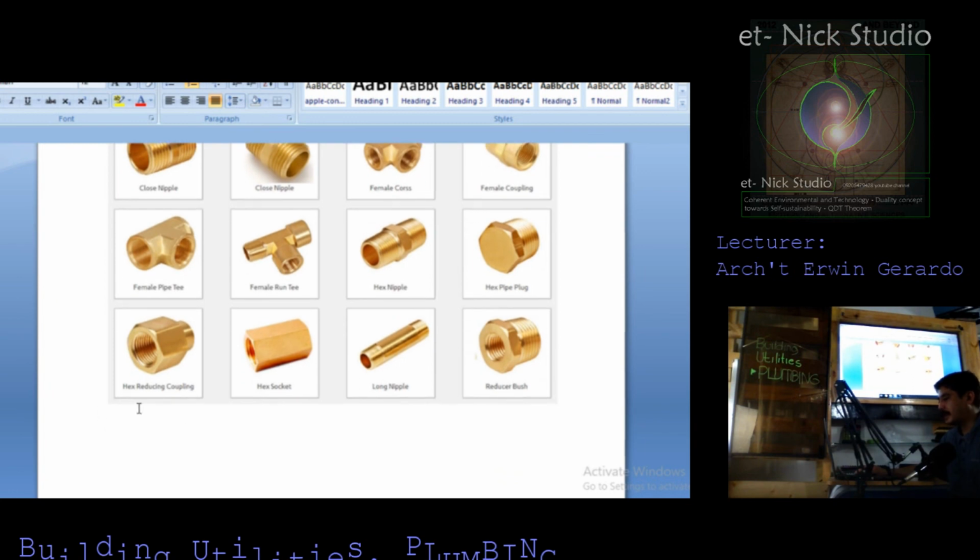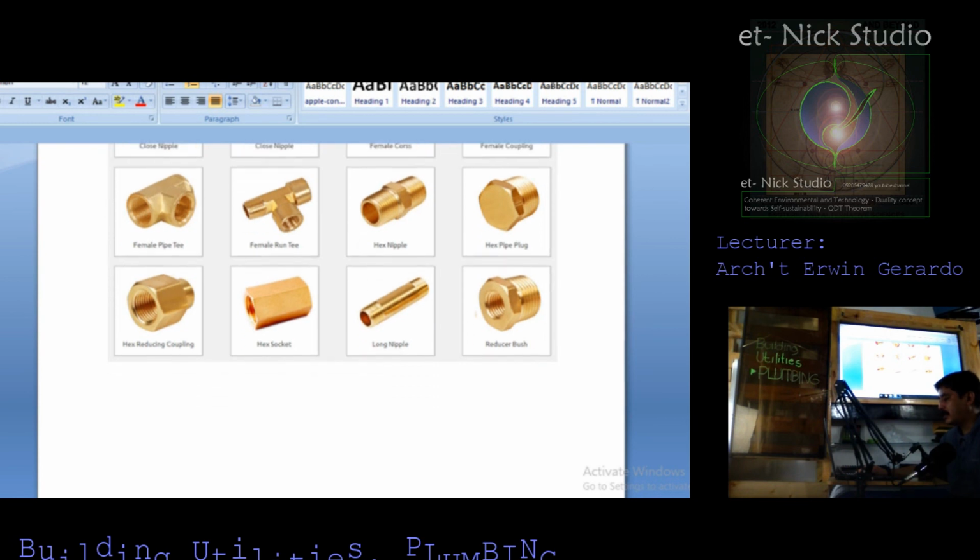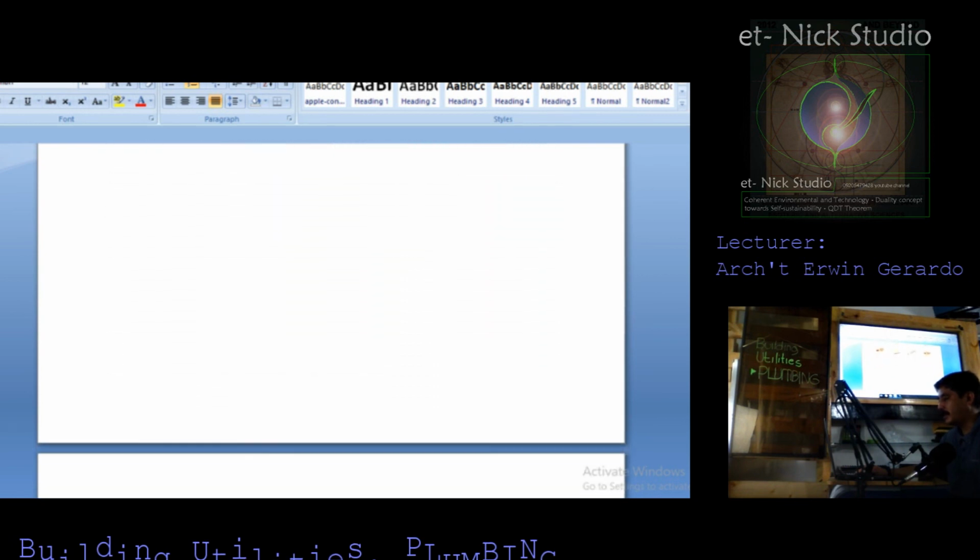The hex reducing coupling, hex socket, long nipple, and the reducer bushing or bush.